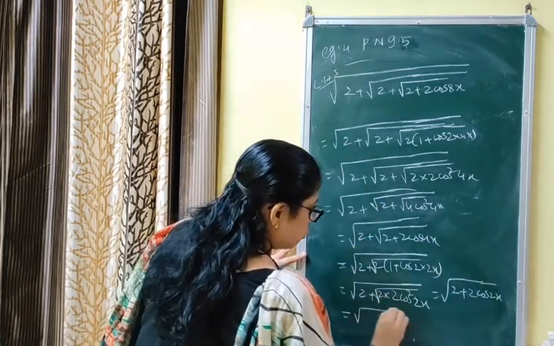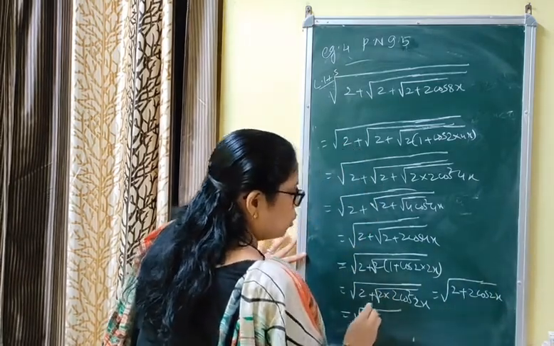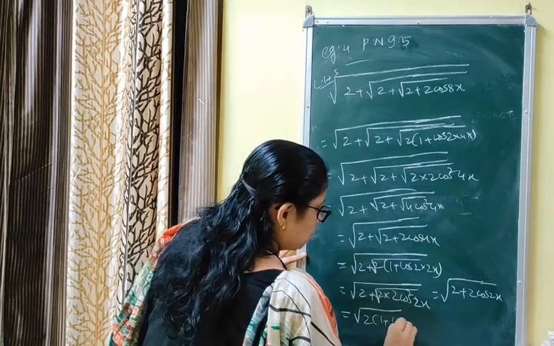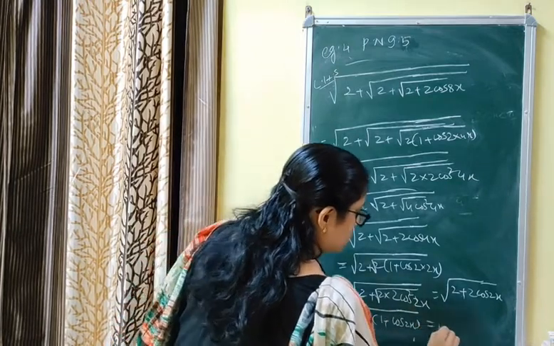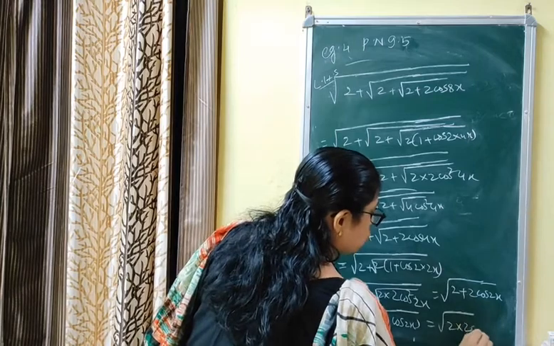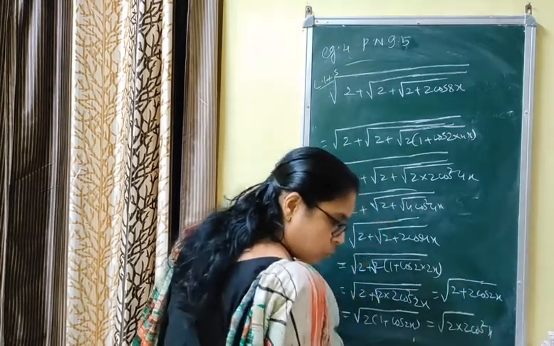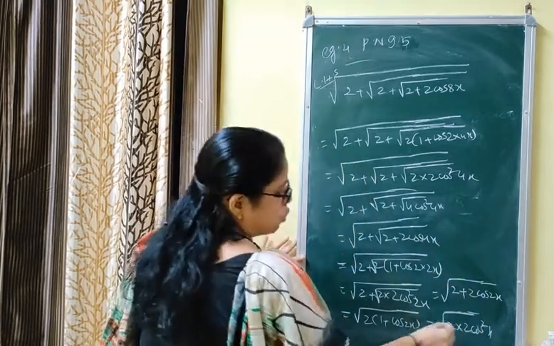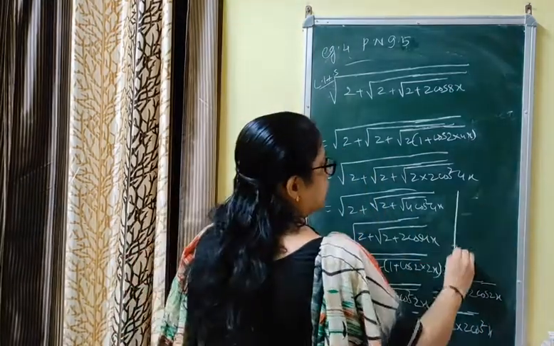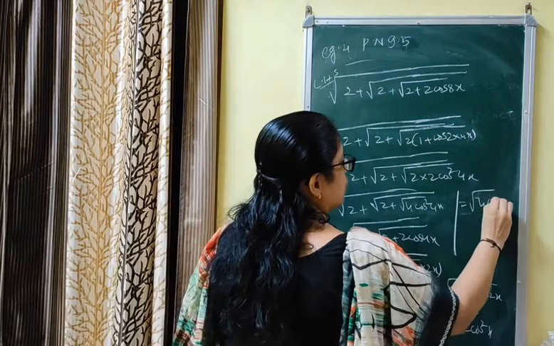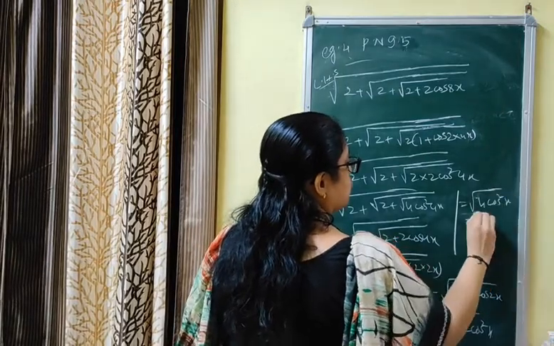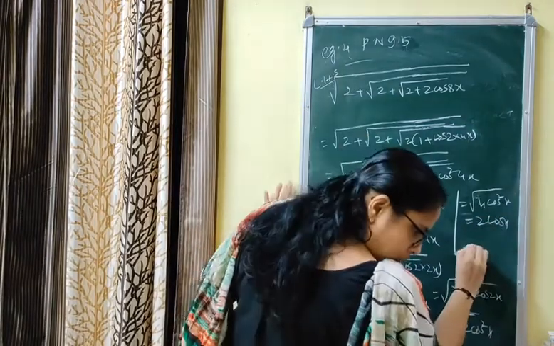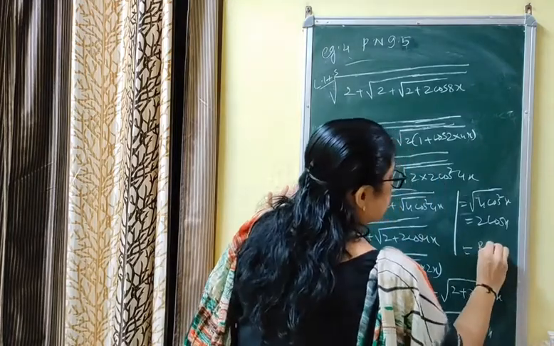Again you can take 2 common, 2 into 1 plus cos 2x. 1 plus cos 2x is 2 cos square x. That is 2 into 2 cos square x, that is under root of 4 cos square x. If you take the square root, you will get 2 cos x, that you are asked to prove, that is RHS.